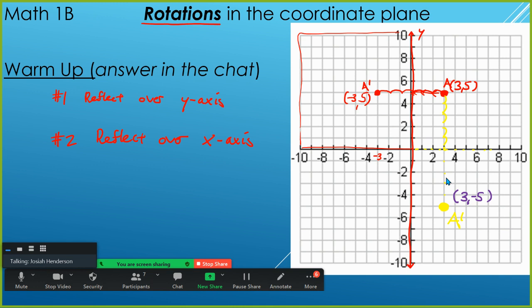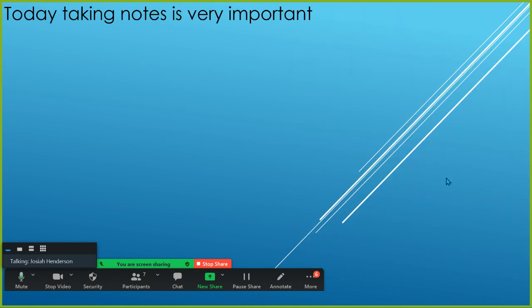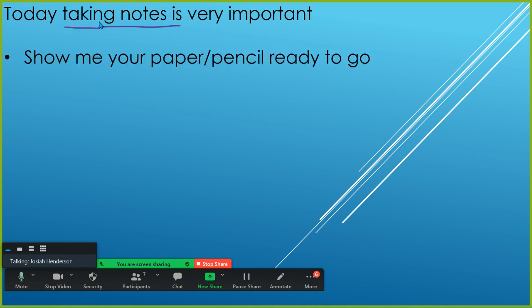Okay, we're going to move on now to rotations. The name of the game for today is rotations. Now, I want to stress to you guys, taking notes is always very important, but for today, it's extra important. So if you haven't already, get your notes materials ready.